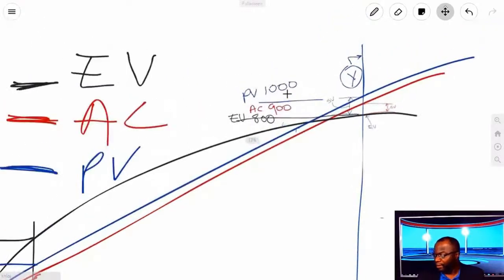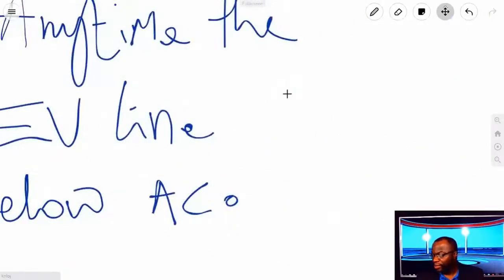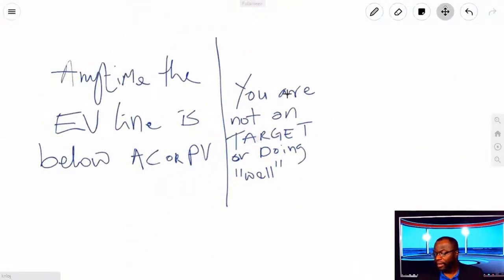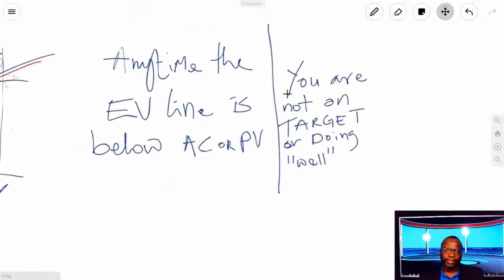Anytime my earned value line is under, I am in trouble. Anytime my earned value line is on top of AC, I'm good. Anytime my EV line is on top of AC, that means I'm under budget. Anytime my EV line is on top of PV, that means I'm ahead of schedule. So it's the cost. You got to flip that, under budget.